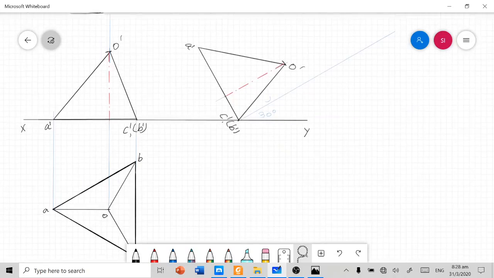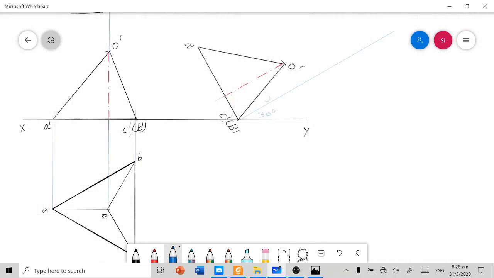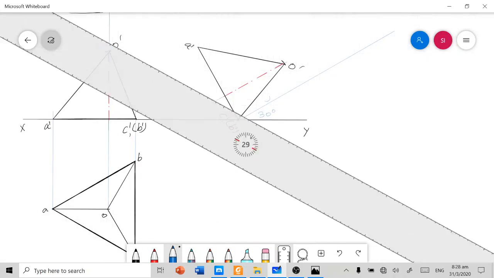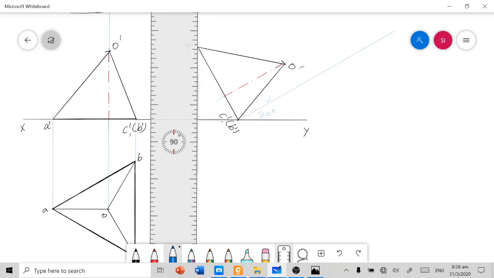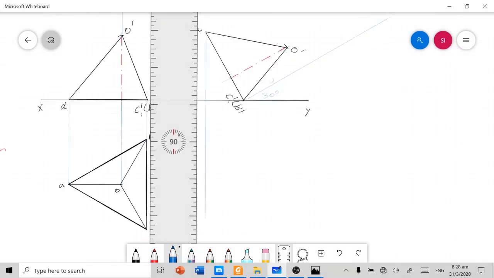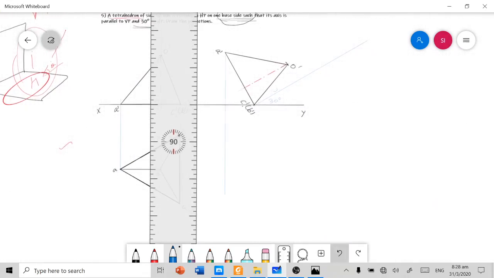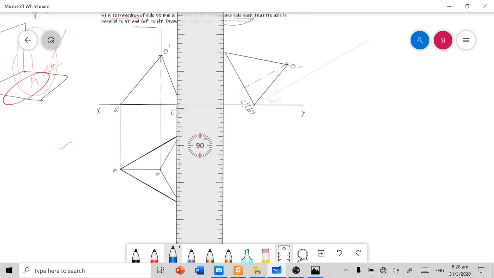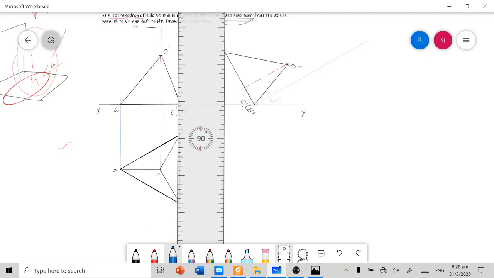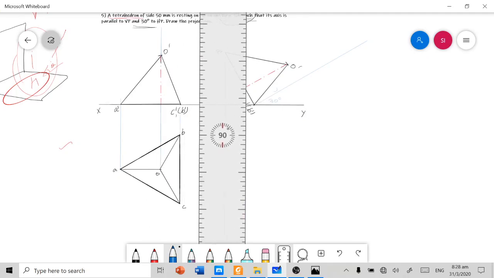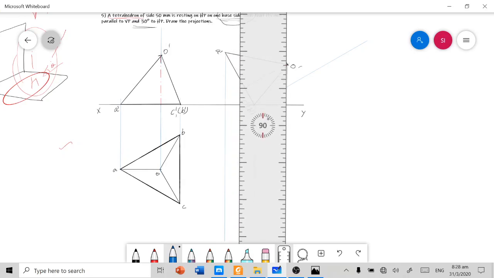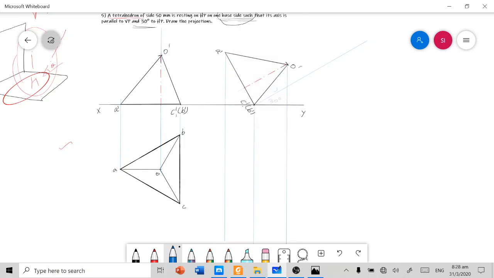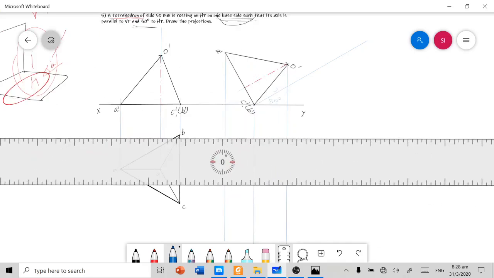Then as usual, you can project each and every corner from the current front view and project from the previous top view.